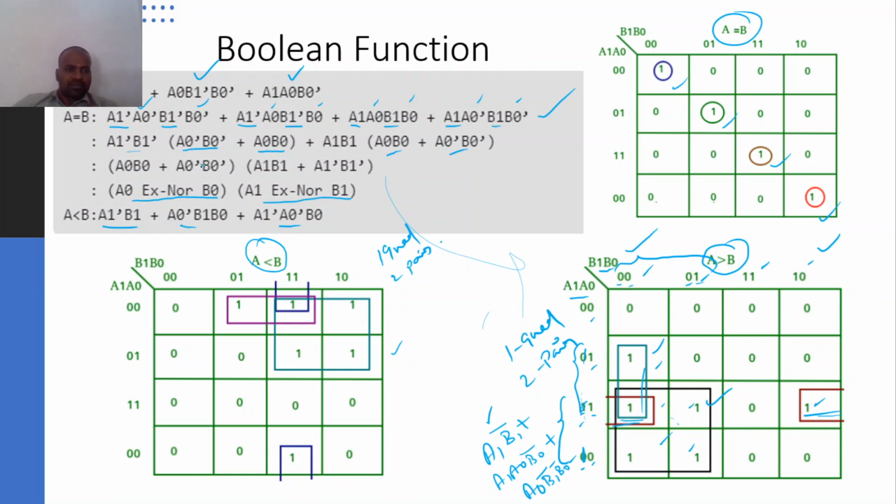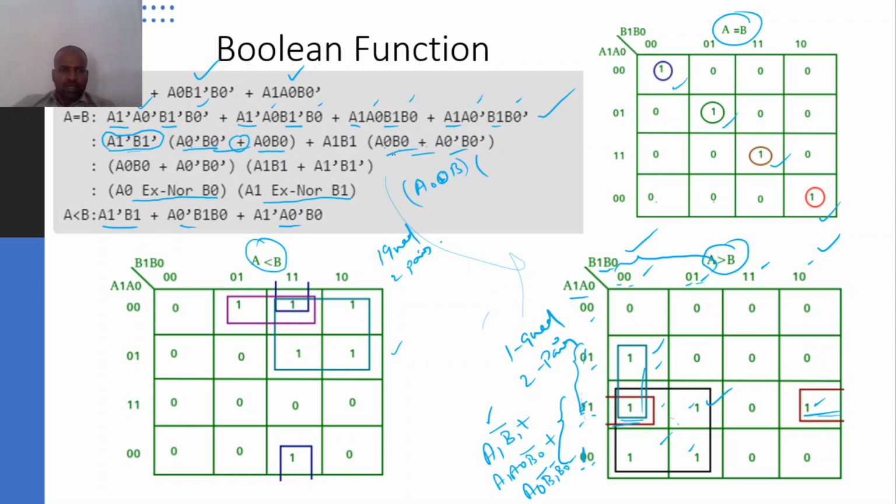Okay, right. Now see, here a1 bar b1 bar is there, and the bracket terms a0 bar b0 bar plus a0 b0, and here a0 b0 plus a0 bar b0 bar, these two are the same. So let's take these two terms outside, and this looks like a0 XNOR b0.